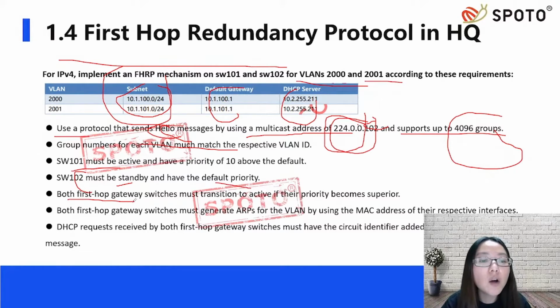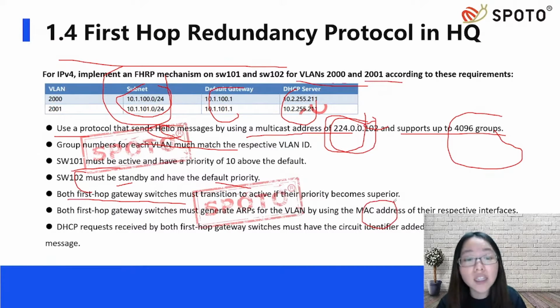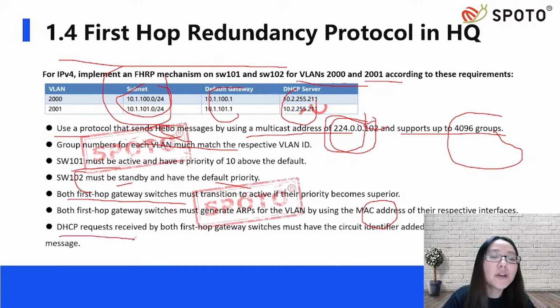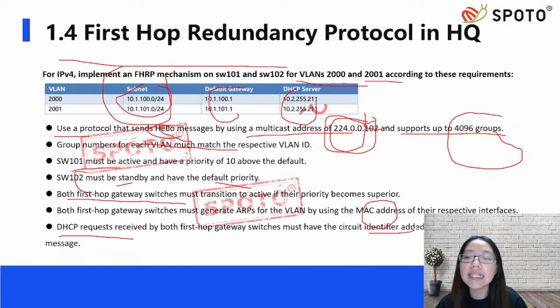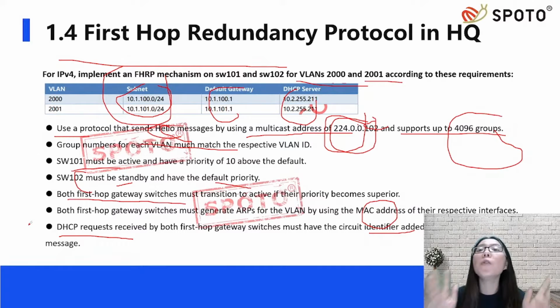Both first hop gateway switches must transition to active if their priority becomes superior. Both must generate ARP for the VLAN using the MAC address of their respective interface. Lastly, DHCP requests received by both first hop gateway switches must have the circuit identifier added automatically to the message. These are all the requirements.